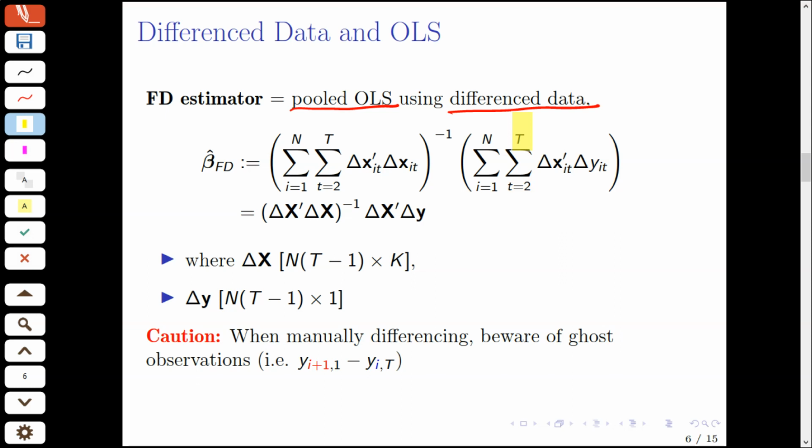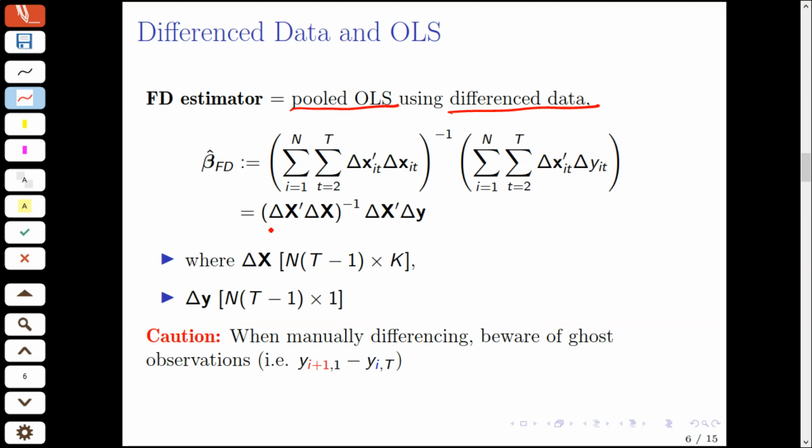Now the first expression is neat in stressing that we're just using pooled OLS, but we can also rewrite this formula in a way that is more concise and more amenable to computation. So let capital boldface X denote the matrix that arises from stacking the first differences in the regressors, for a given individual chronologically over time, and then over all individuals.